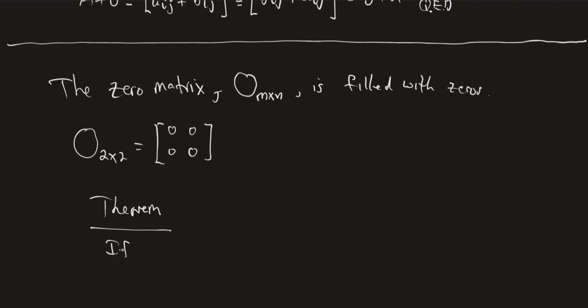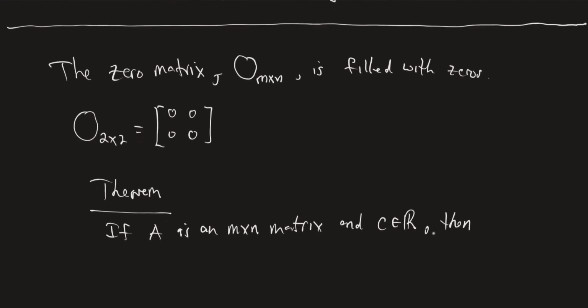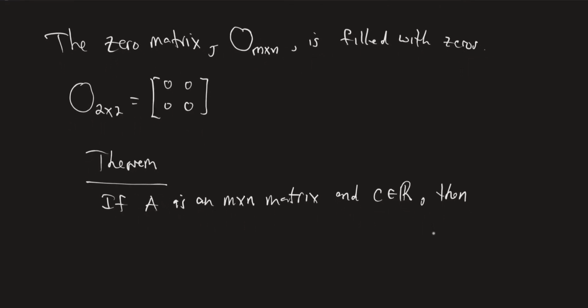If A is an m by n matrix, and C is our scalar, then, and this is a shorter list. In fact, it's half the length of the previous list.